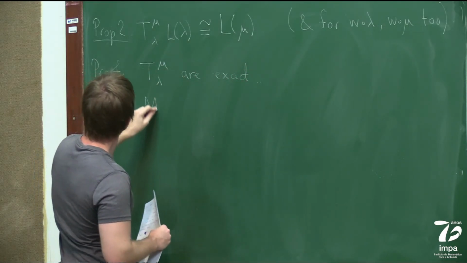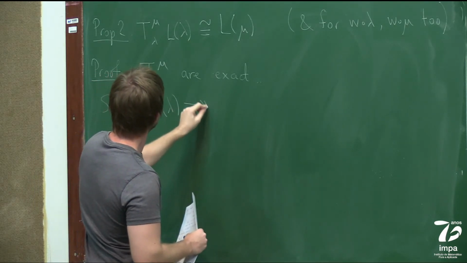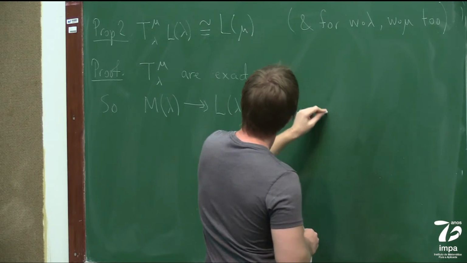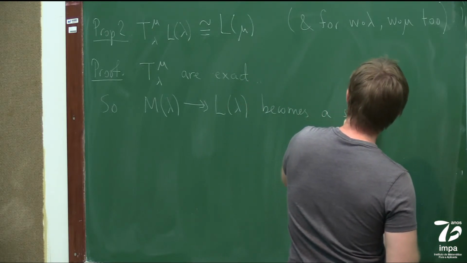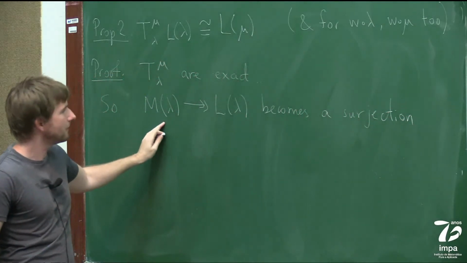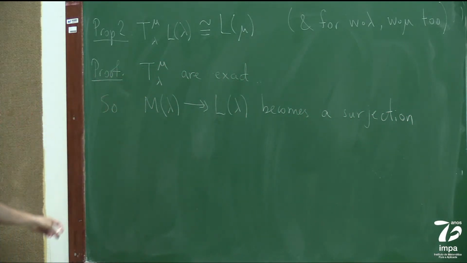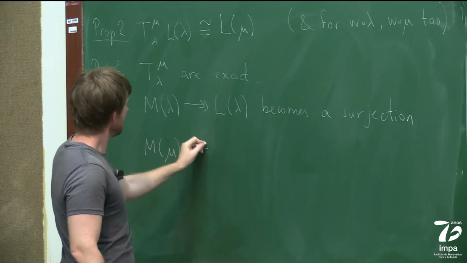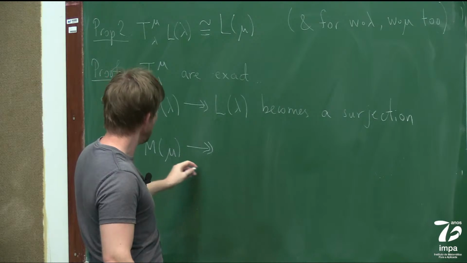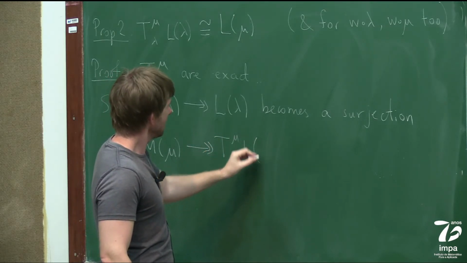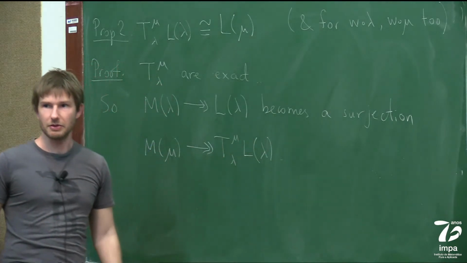So if we look at the quotient map from M lambda to L lambda and apply this functor to it, then we're going to get a quotient map from M mu to the image of this translation functor.